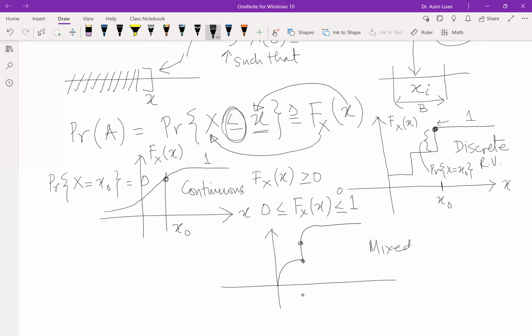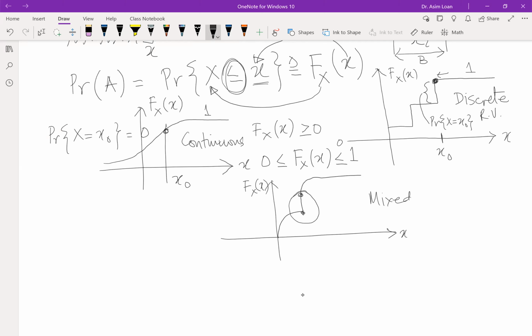So this is for a mixed random variable, where you can have both the flavor of a continuous and a discrete random variable. There is an example in the notes that Dr. Zatash has probably already sent you, and you can look at the notes. Because of this jump here, you'll have something in the density function, which is known as a Dirac delta function. Okay, so this is the probability distribution function.